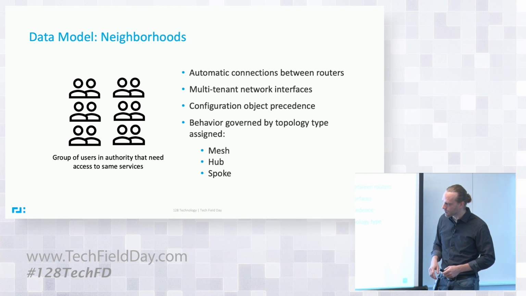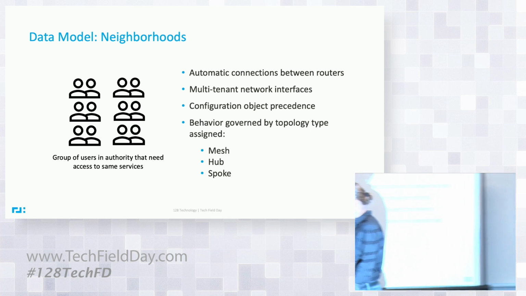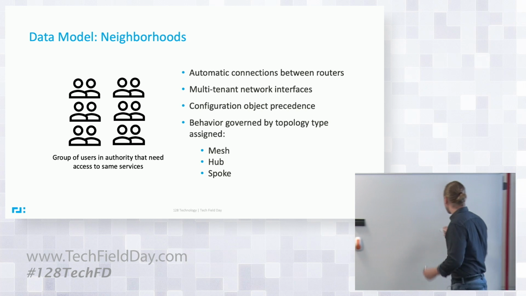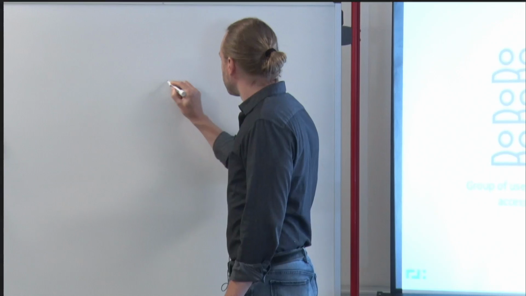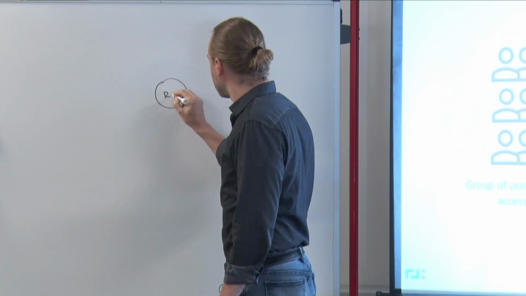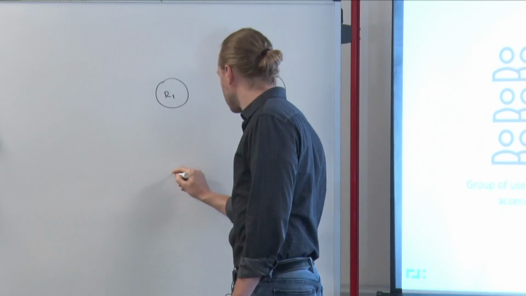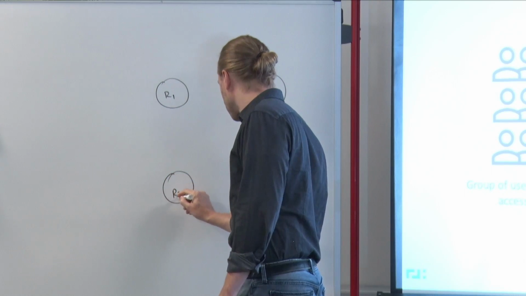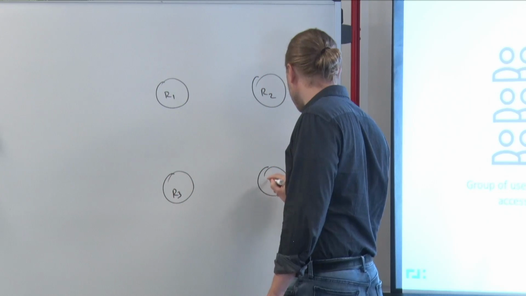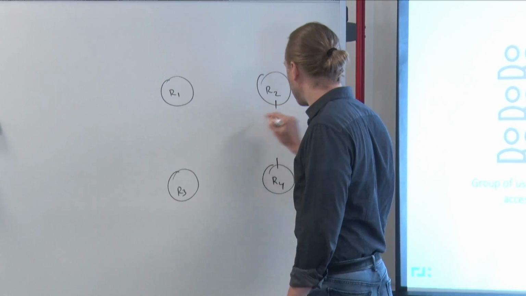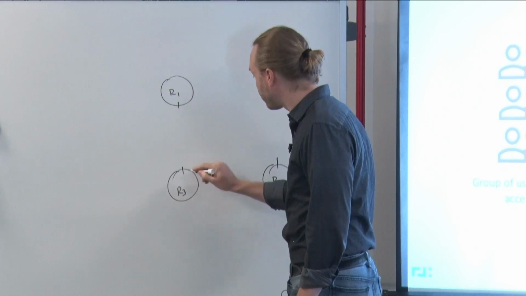Perhaps I could describe a little bit on the whiteboard with an example. Each of these being 128T routers, each of them with these neighborhoods between them, interfaces rather.